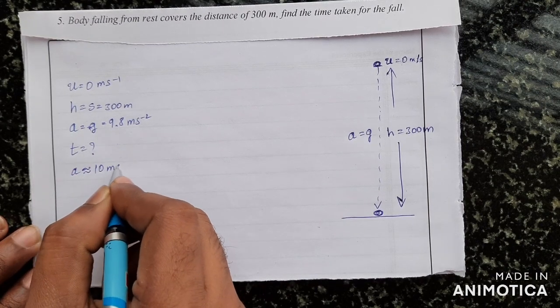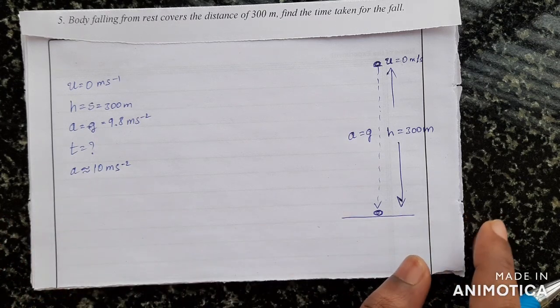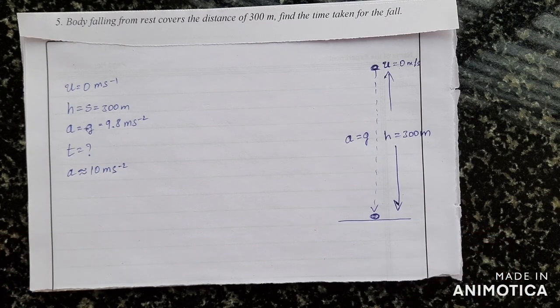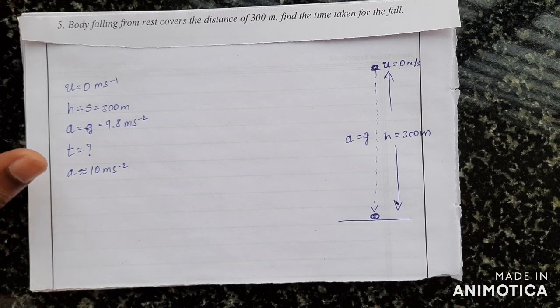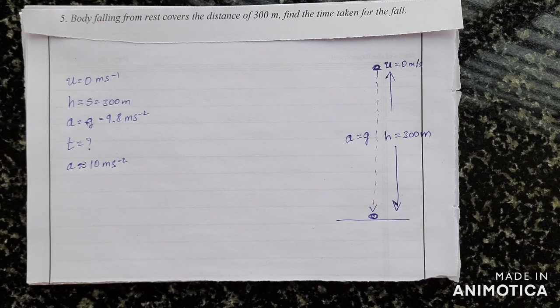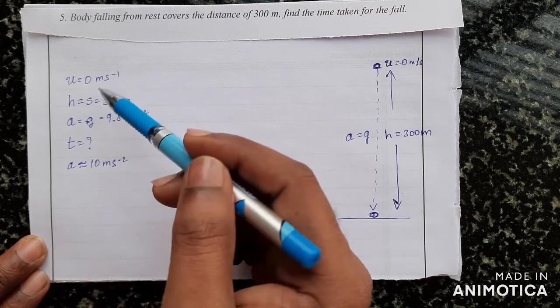If they particularly give the value of g as 9.8 meters per second squared, we must take the value as 9.8 itself.